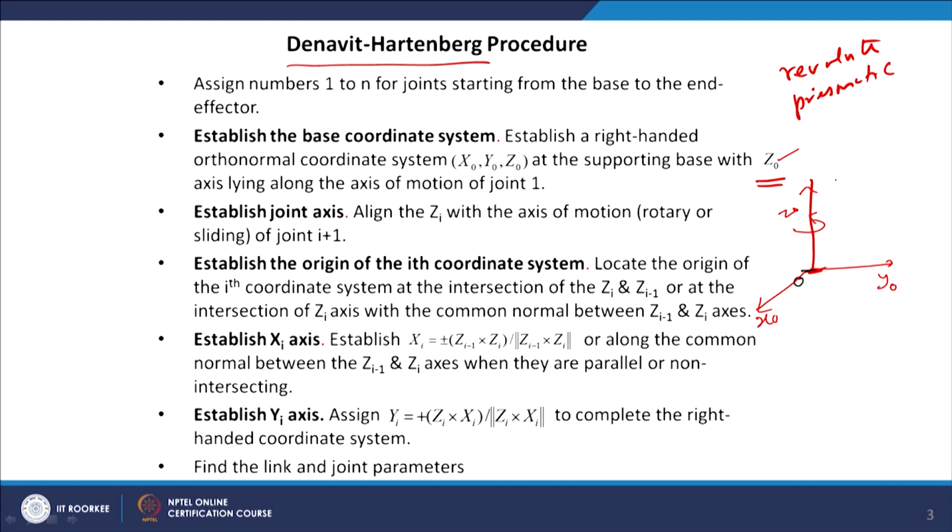Let us assume that the second joint is also a rotational joint, where the rotation is performed perpendicular to the paper. This is the Z1 axis.